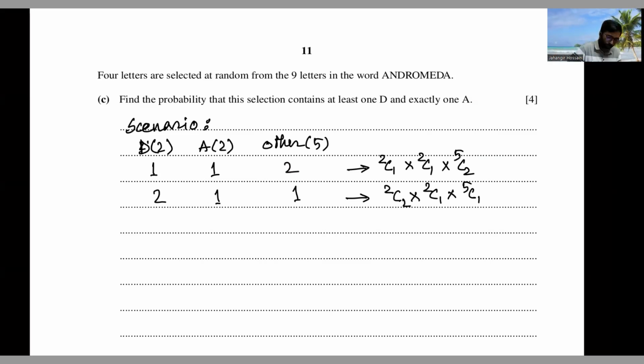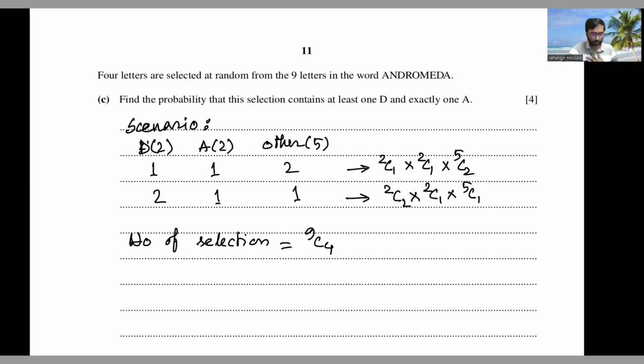Now, from 9 letters without restriction, the number of selections is 9C4.